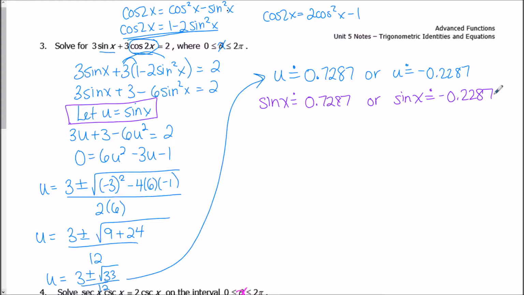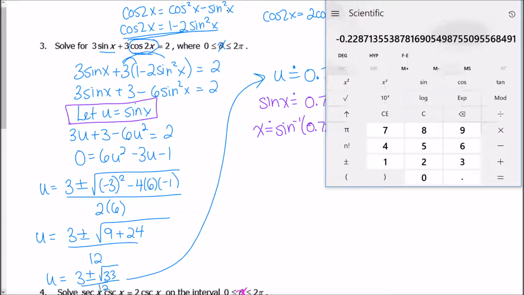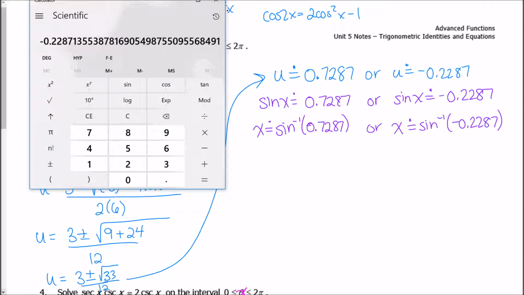In order to solve for x, I have to take the inverse sine of these values. So inverse sine of 0.7287, or the inverse sine of negative 0.2287.